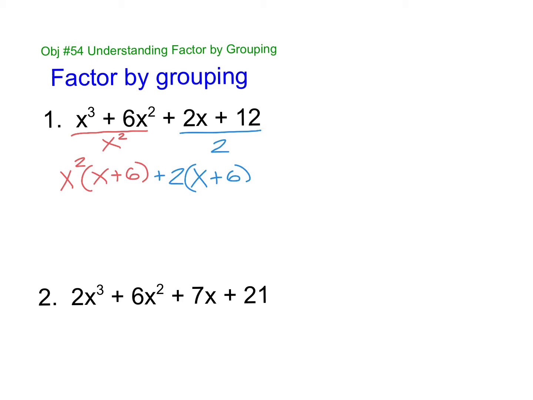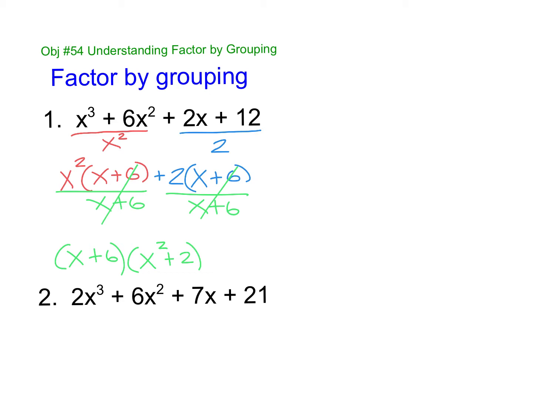So what we're actually going to do here is do a GCF of x plus 6, right? That second GCF is always a binomial. So if I divide both of these by x plus 6, my GCF is x plus 6 because I see it twice. Those cancel out, and I'm left with just the stuff in front.